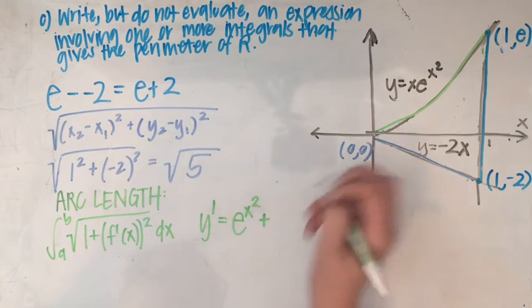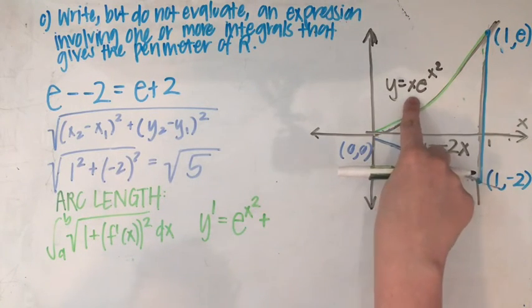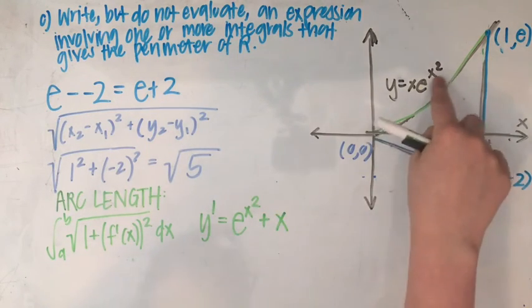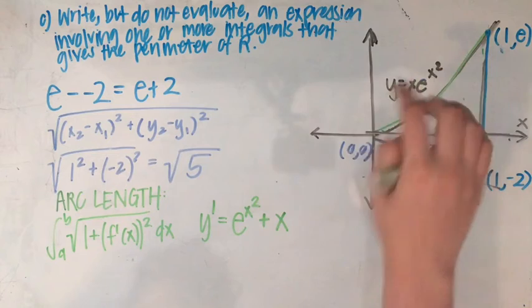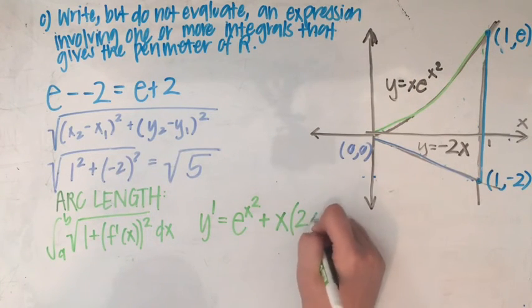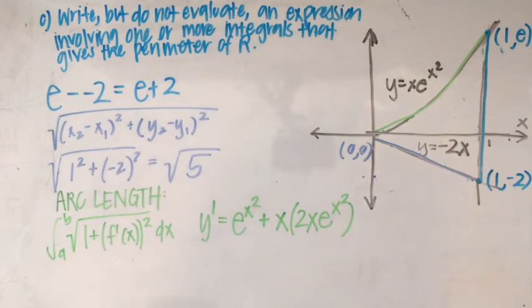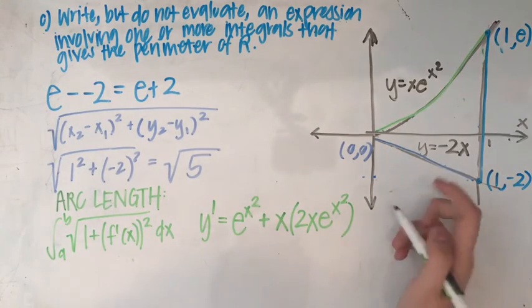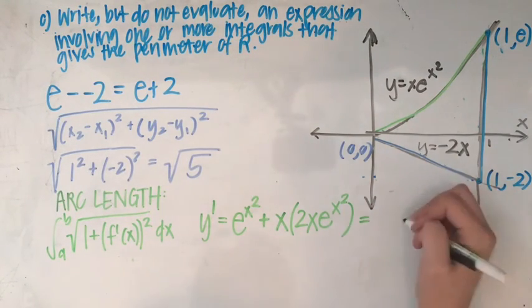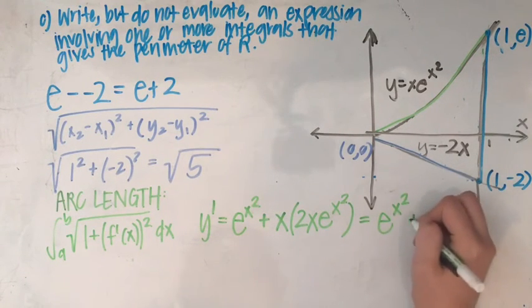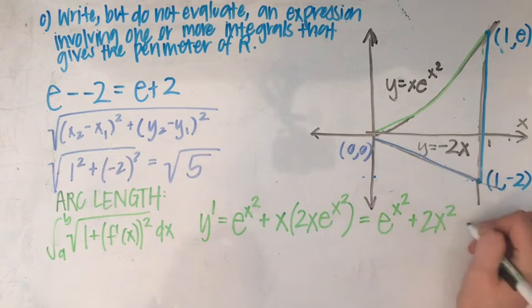And then we're going to add x times the derivative of e to the x squared, which, because we'll have to use chain rule, is going to be 2x e to the x squared, which means y prime is going to be e to the x squared plus 2x squared e to the x squared.